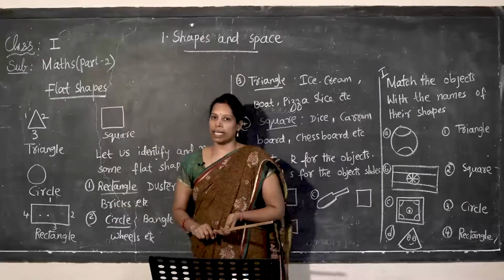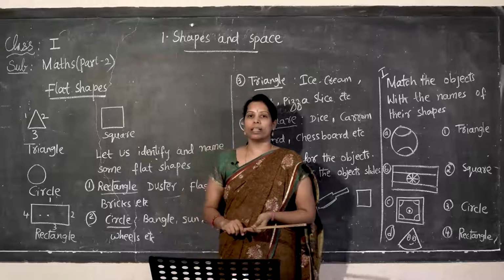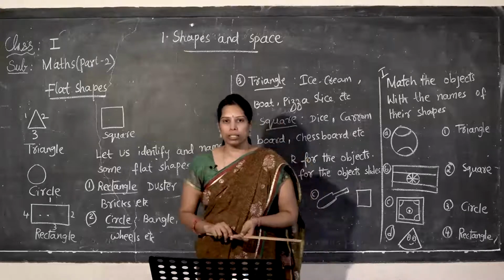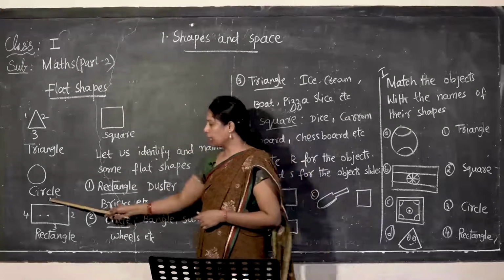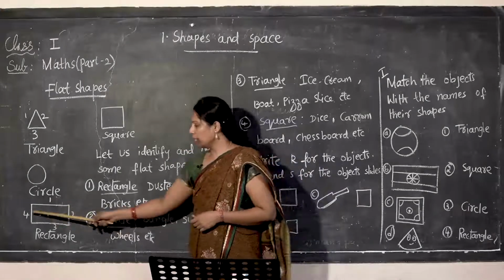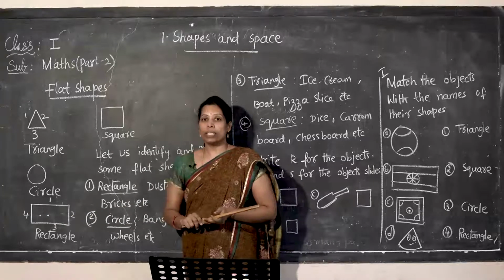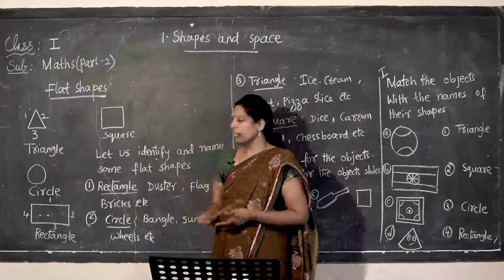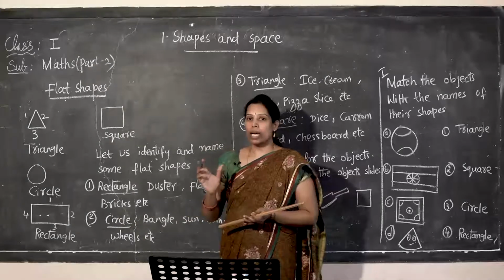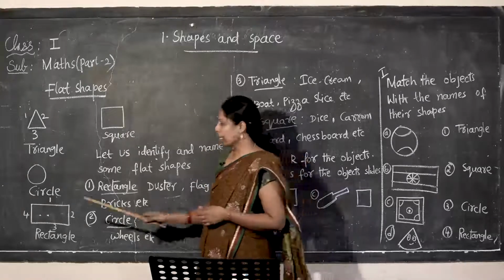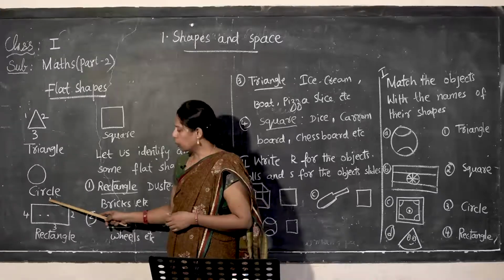Next is a rectangle. An object is said to be a rectangle if it has 4 sides, 1, 2, 3, 4. When an object has 4 sides, it is called a rectangle. Not only that, it should have opposite sides equal. The opposite side to 1 is 3.